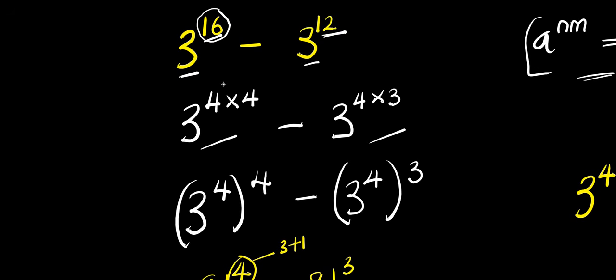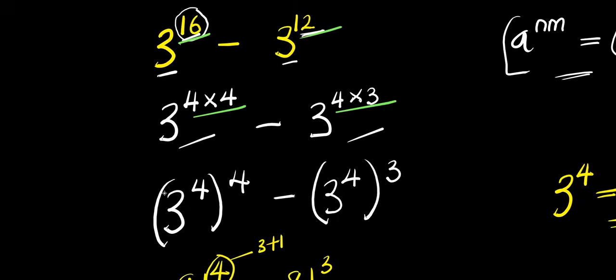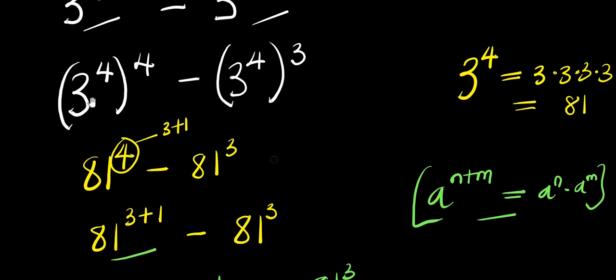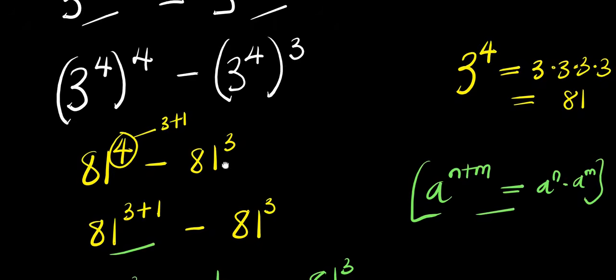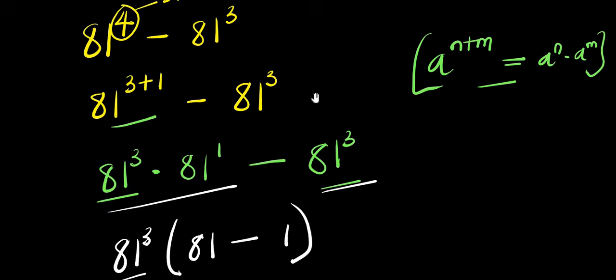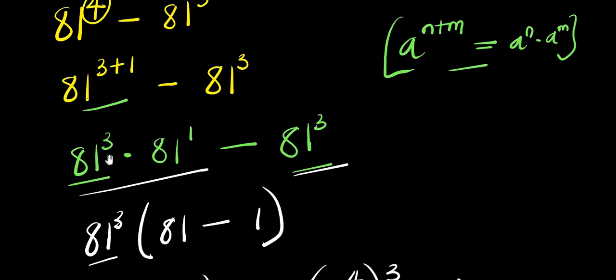Now, a good recap is, first and foremost, express 16 as the product of 4 times 4, and 12 as the product of 4 times 3. Then you apply this identity, a power n times m equals a power n times a power m. That will give you 81 power 4 minus 81 power 3. Then express 4 as the sum of 3 and 1. Then you use this to expand it, and you have this.